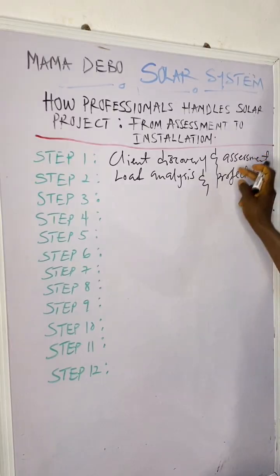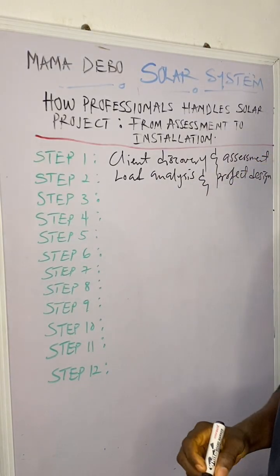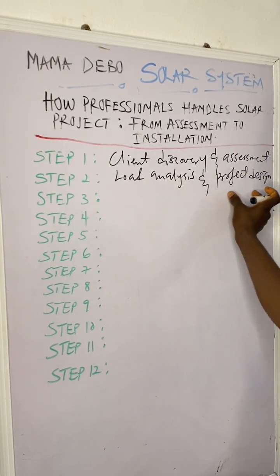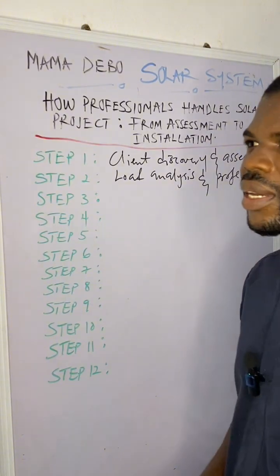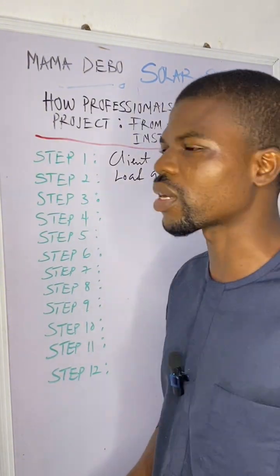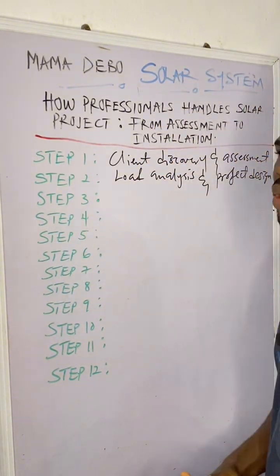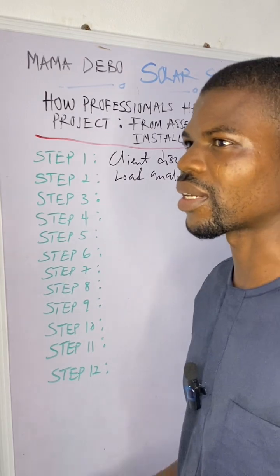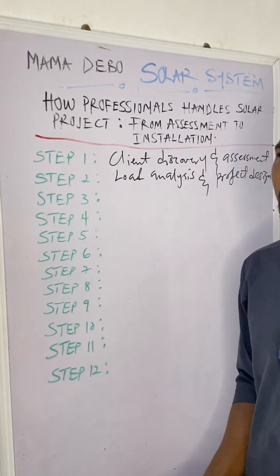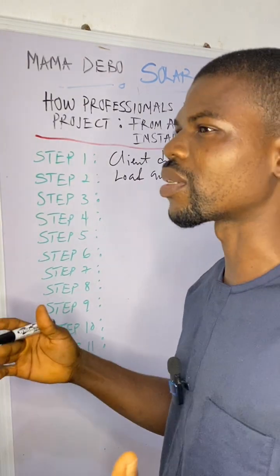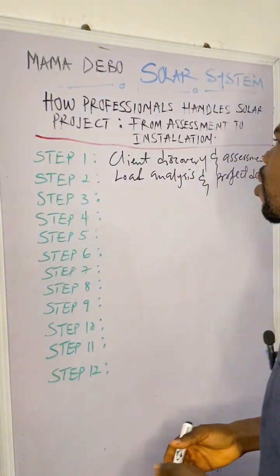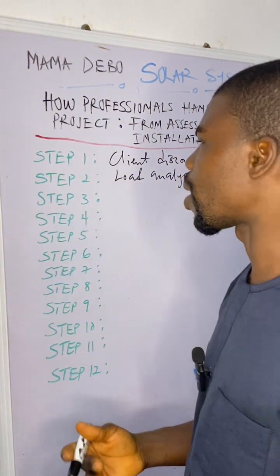But without assessment, you won't be able to do your load analysis. So when you do your load analysis, then you carry out your project design. That is where you discover, okay, this client, how many batteries does he or she need? What are the things he wants to power? What is the size of inverter that will be able to power his or her load?